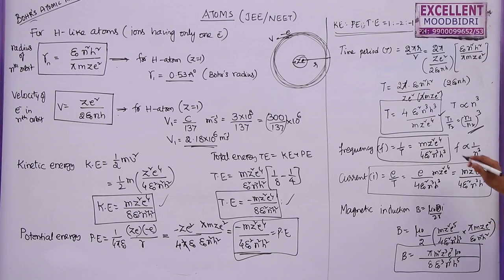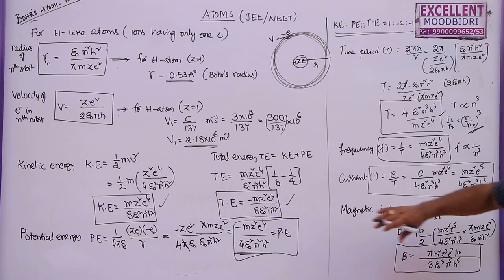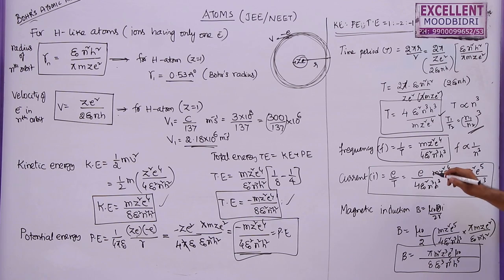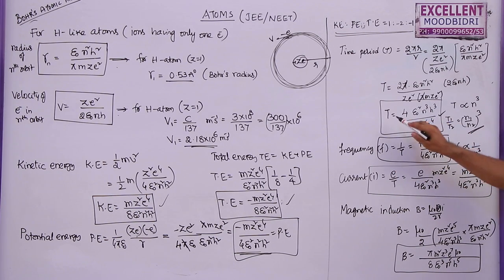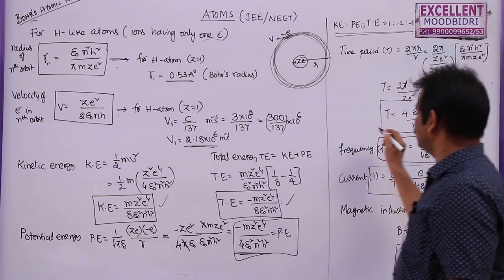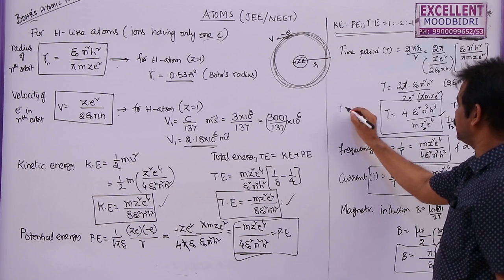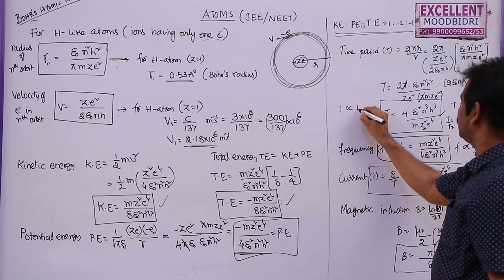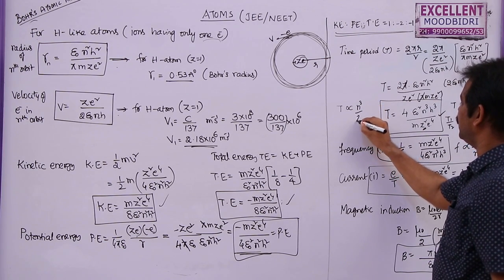Here, for a given hydrogen atom, you can substitute Z is equal to 1. But here you can see frequency is inversely proportional to n cube, or time period is directly proportional to n cube, if Z is constant, which is equal to 1. For other ions which are having only one electron, the Z value changes, then T can be written as T directly proportional to n cube by Z square.